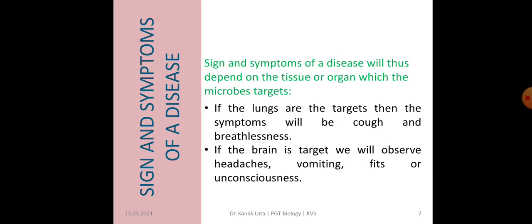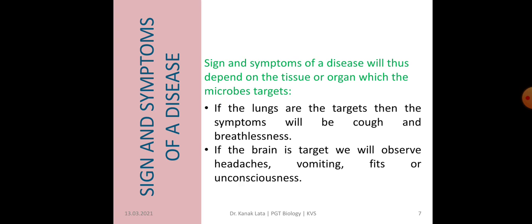Now let us see signs and symptoms of the disease. Signs and symptoms of the disease depend upon the tissues or organs which are infected by microbes, that is, which the microbes target.